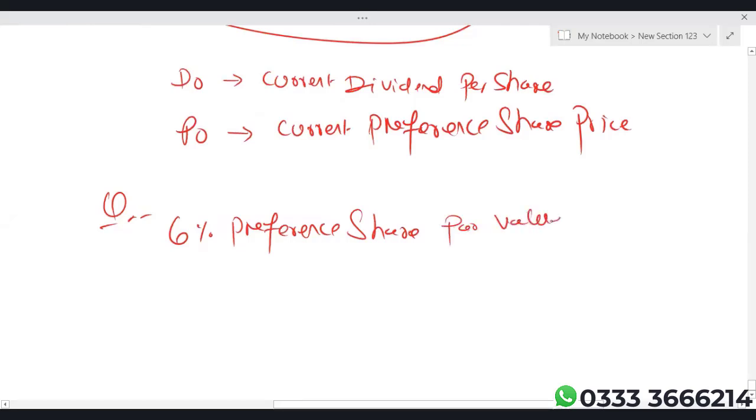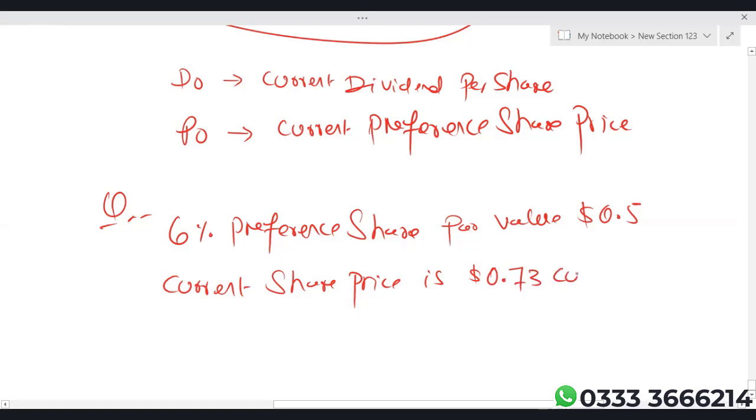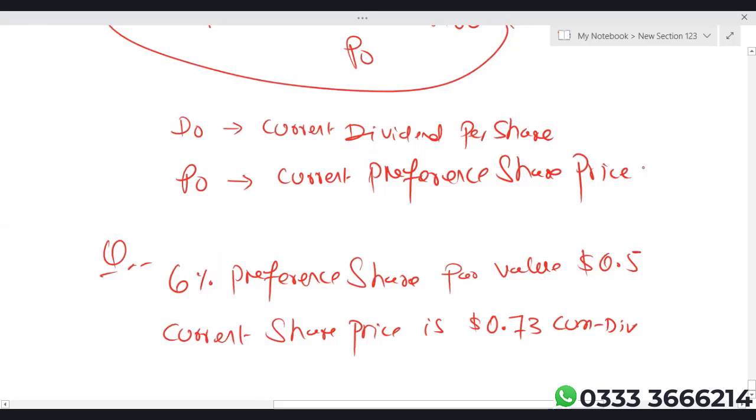Par value is $0.5. Current share price is $0.73 cum div. Here we are using ex div value.